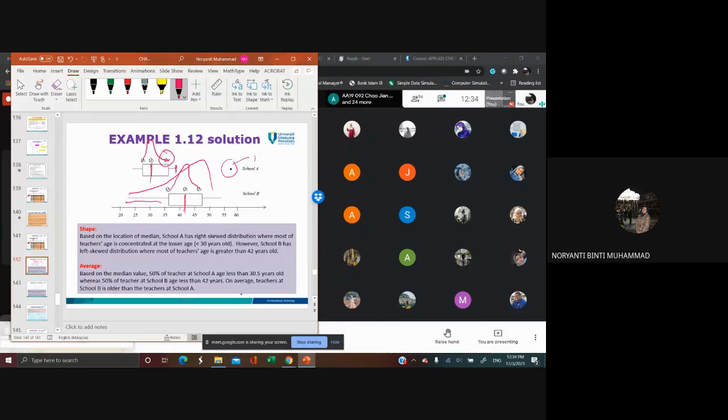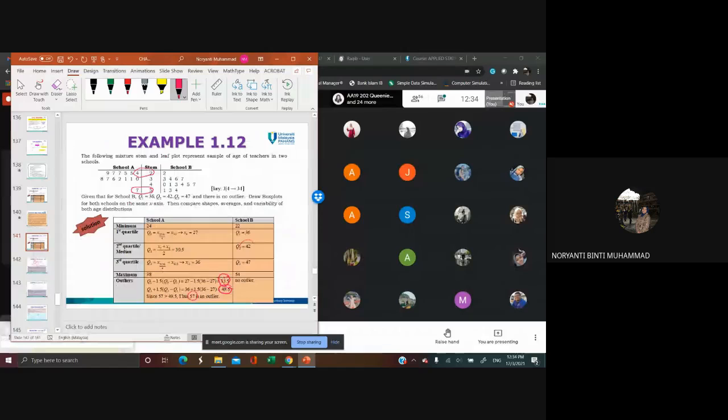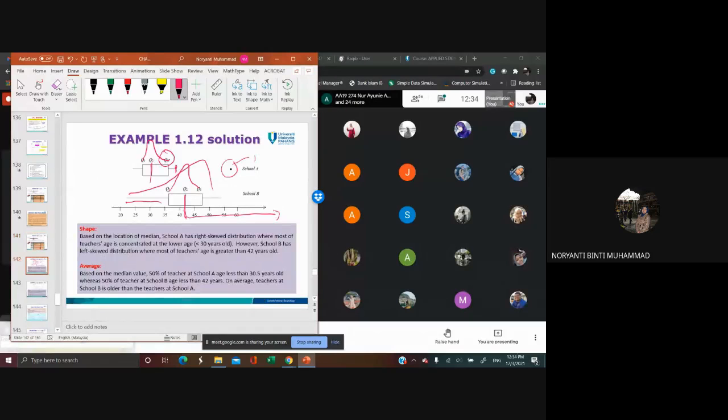So here you can consider that median is 50% upper or 50% lower, in the middle. So you can say that 50% of the age in school B is greater than what value? So basically here you get 42. And then here also you can consider that 50% of the teachers in school A are aged 30 something like that. Okay, important how to interpret too, even in test or in assignment.